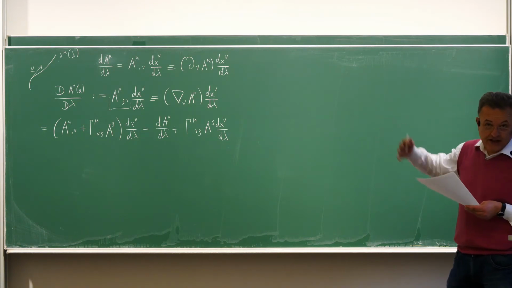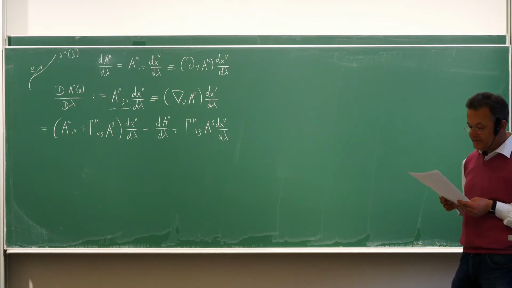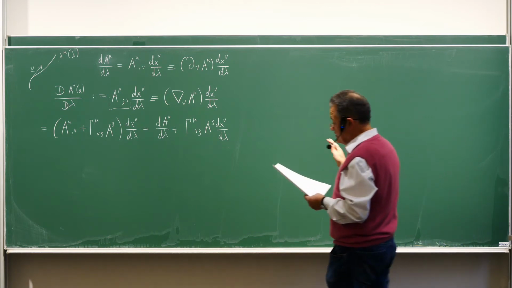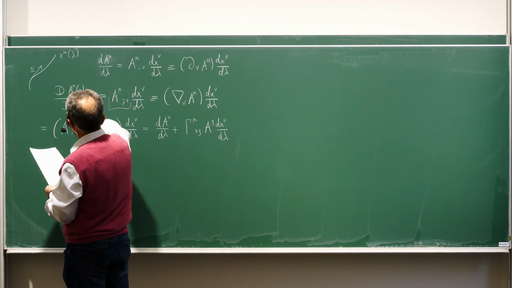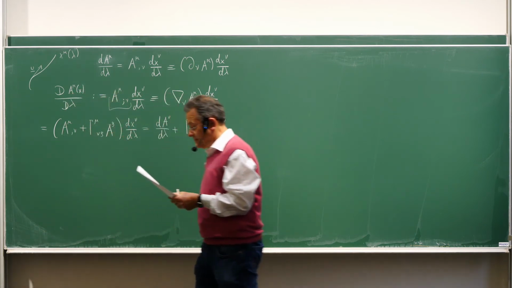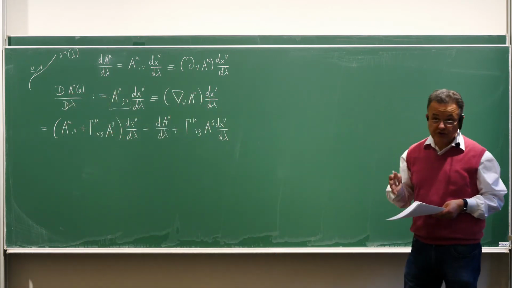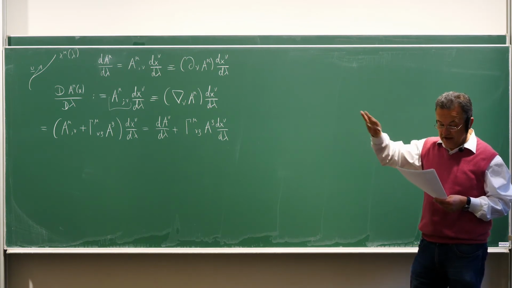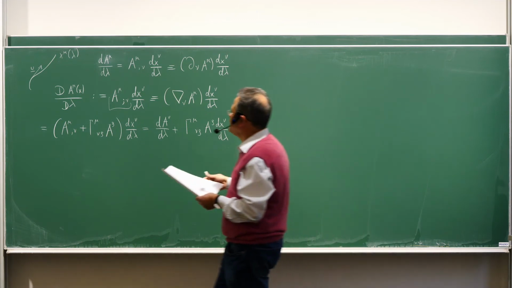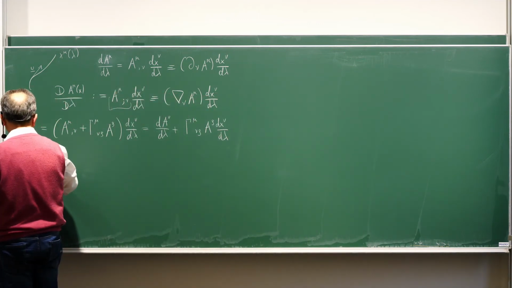Now this gives rise to an important definition. You will understand why this is defined this way, namely so-called parallel transport. So if this here is 0 for a certain vector field, then this vector field is parallel transported along the curve. So we have a definition.